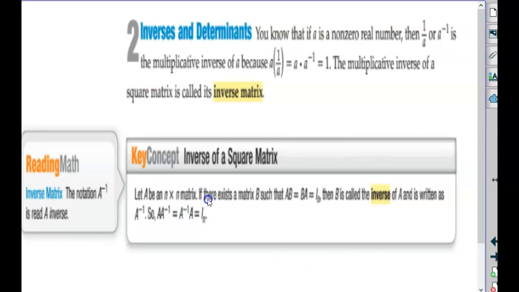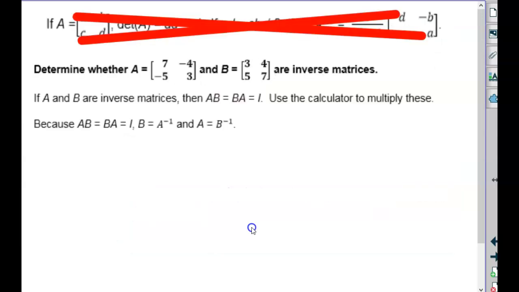Now, an inverse matrix is what undoes something so that it becomes the identity matrix. That'll make more sense in a minute. So it wants to decide if these two are inverses of each other, okay? If you take A times B and it turns out to be an identity matrix, what size would I get?